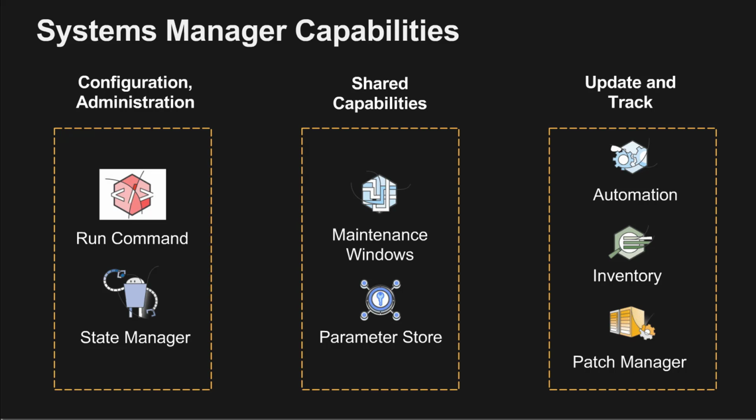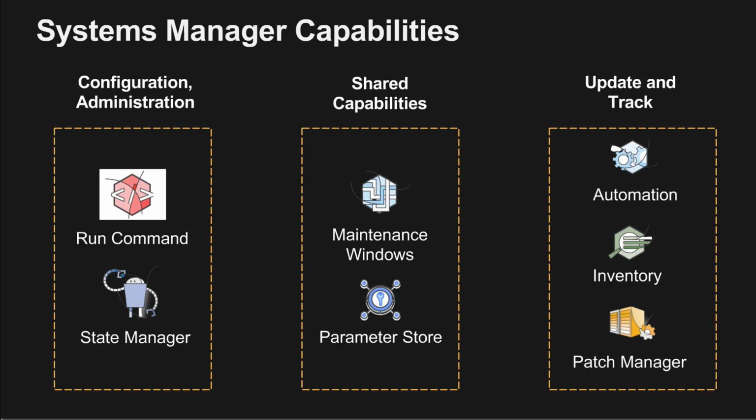Run Command was released a year and a half ago before we added it to the Systems Manager suite, and it supports remote command execution at scale. So some great examples are if you want to be able to run a shell script or a PowerShell script against tens, hundreds, even thousands of instances to do something like install software or configure the instance, you can do that using Run Command.